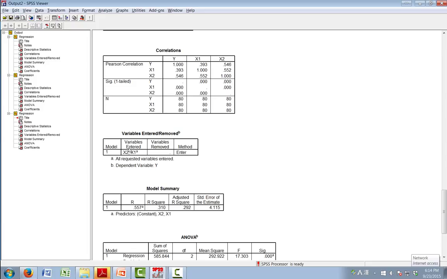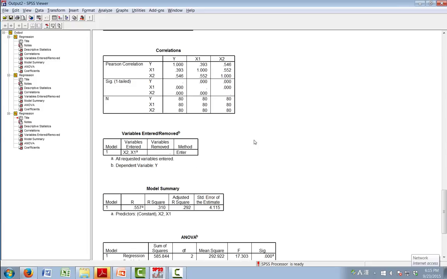We only have one model, and given dependent variable y, we enter both independent variables x1 and x2 at the same time. This is how we interpret this part, right? Right now it's kind of boring because this is the default option, but this part gets more exciting if we move on to another part.